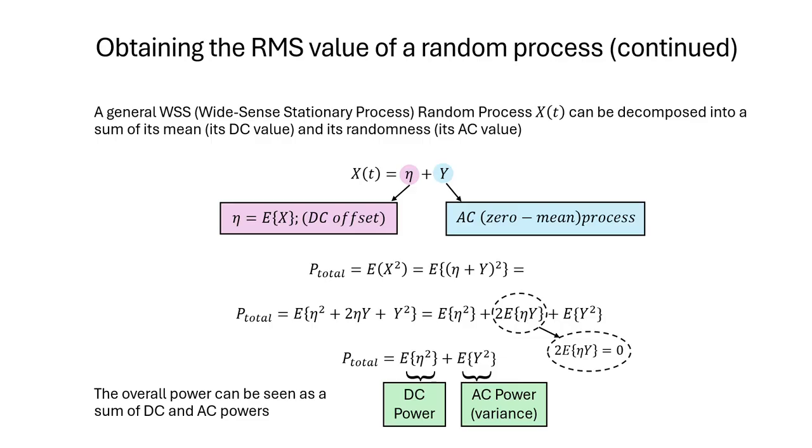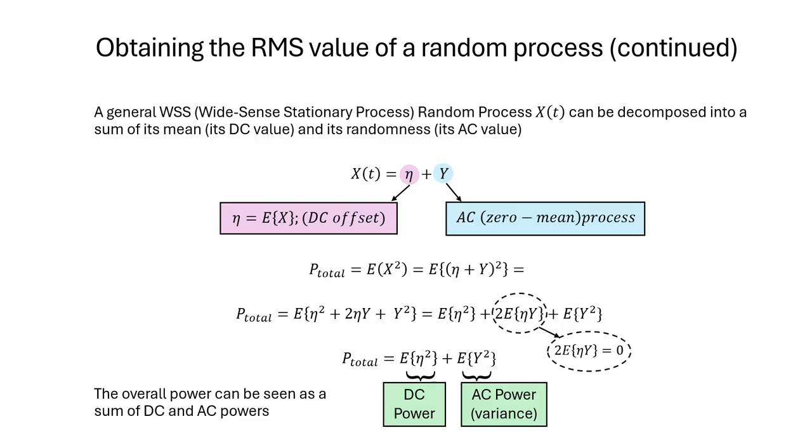So the final formula for total power would be expectation of eta square, which is the DC power of the random process, plus expectation of y square, which is the AC power or variance of the random process.